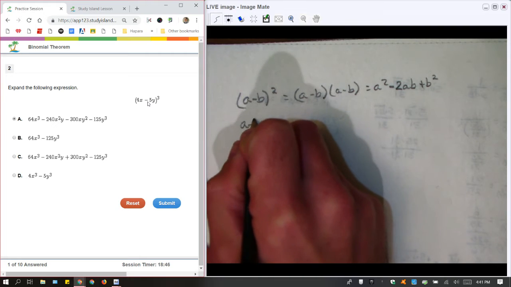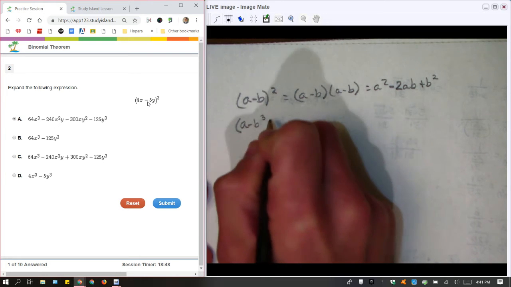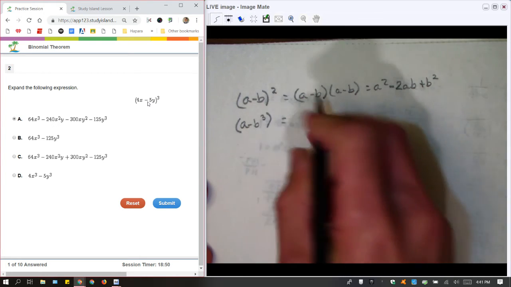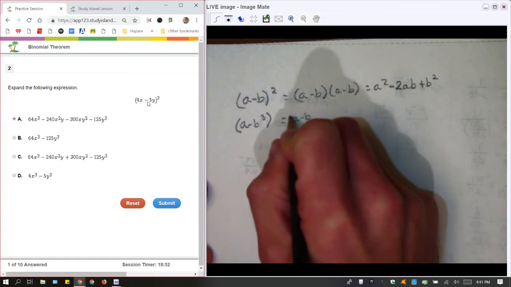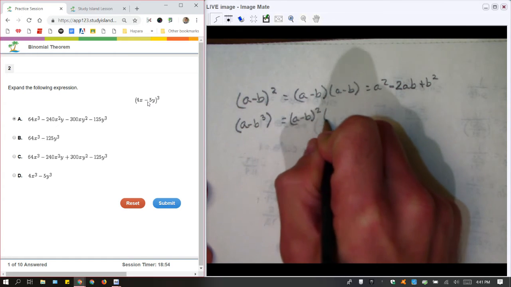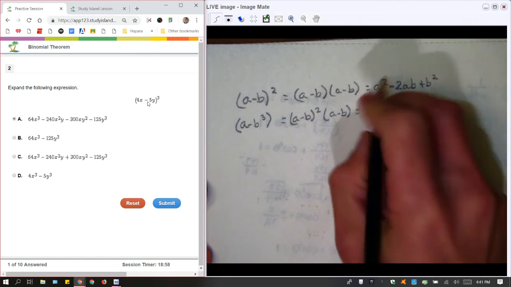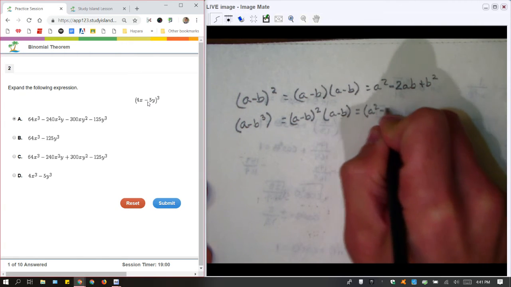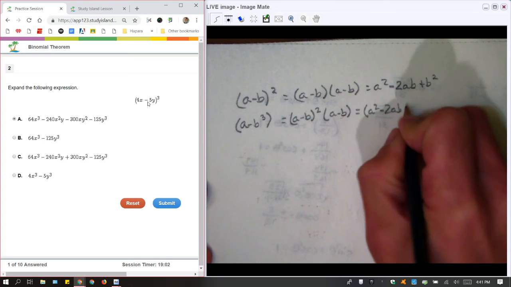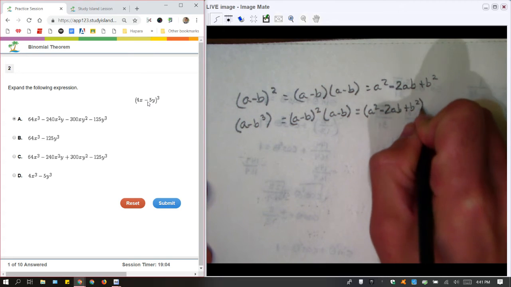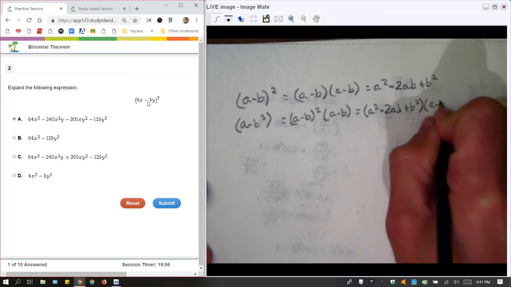Well, a minus b cubed would be the same as a minus b squared times a minus b. So that's going to be the same as this whole thing: a squared minus 2ab plus b squared times a minus b.